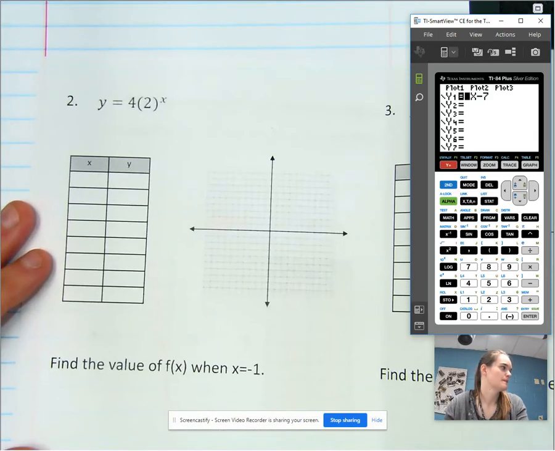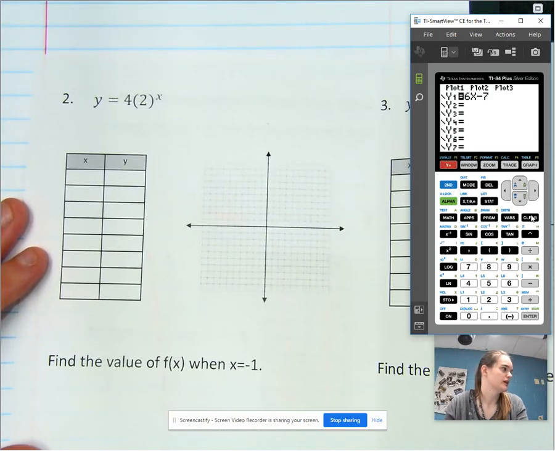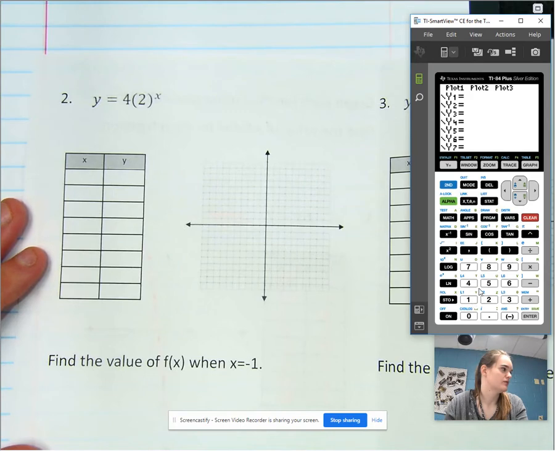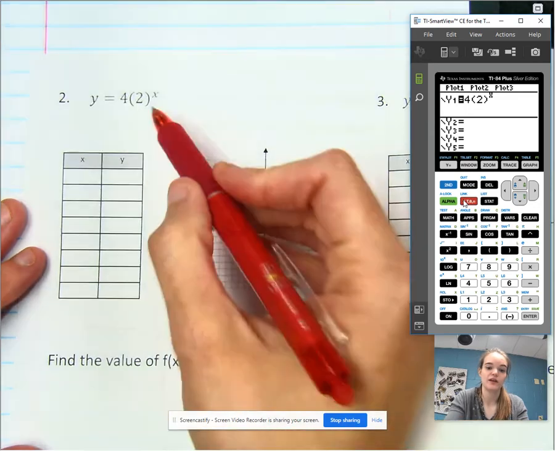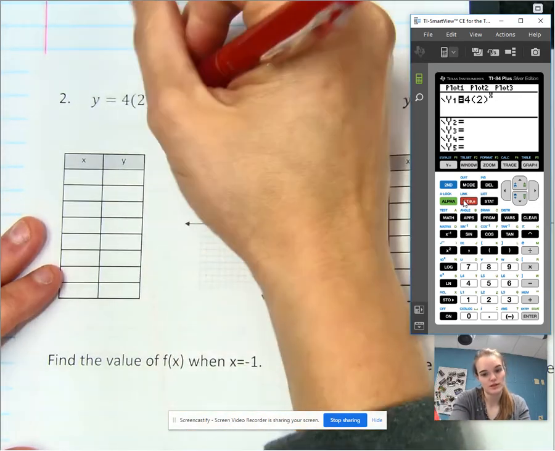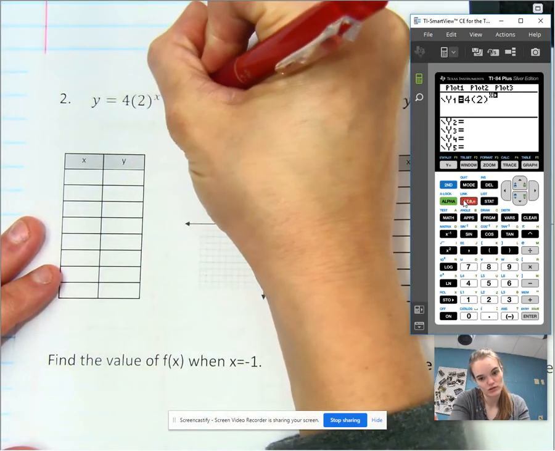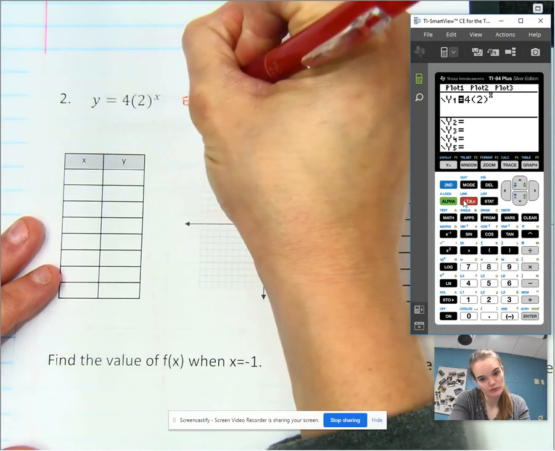Number 2. Okay, so I'm going to clear this out in this graph, and I'm going to type in 4 parentheses 2, close it, raise it to the x power. Okay, this one has x as an exponent. That means it is exponential, which is very possible then we'll get some decimals.